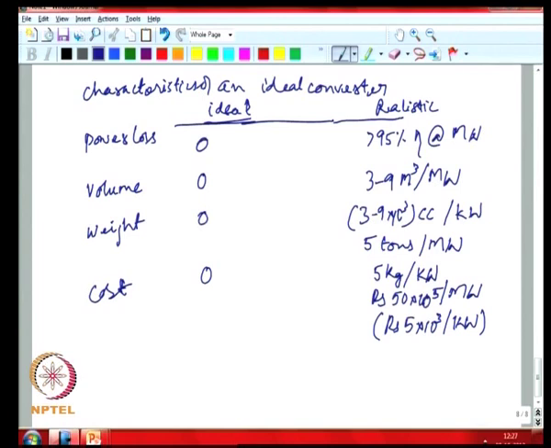Again, another important aspect is the failure rate. An ideal power converter never fails, so it is always working, whereas your practical power converter, its failure rate depends on the components and the application in which it is being used.